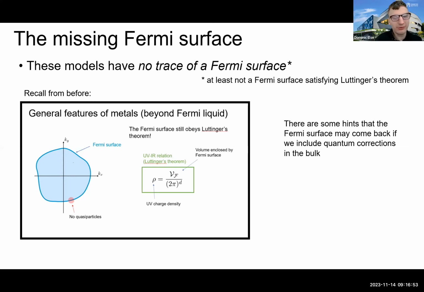But the bulk of the charge, which is the majority of the charge, which is kind of hidden behind the black hole event horizon, doesn't seem to be reflected in the Fermi surface, at least at the level of doing classical calculations in the bulk space-time. It's probably true that if you actually take into account quantum effects in the gravitational theory, the Fermi surface will come back. I mean, it's hard to see how anything else could happen because we do have these general requirements.